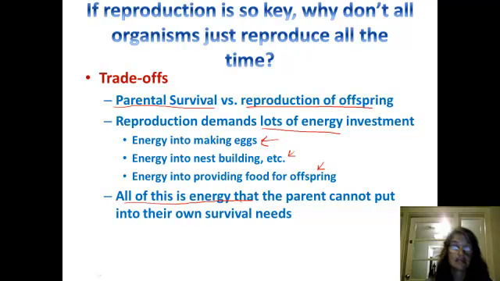And if the parent dies, then perhaps offspring don't do as well either. So parents can't just reproduce babies all the time because it is going to take a toll on the parent as well. So we have to make trade-offs. What's the maximum amount of babies that we can have without killing off our parent, basically, in the process?